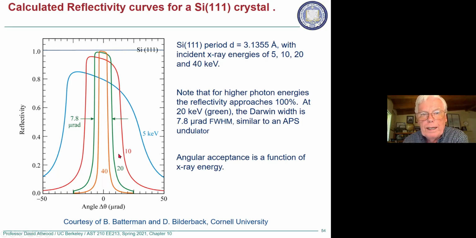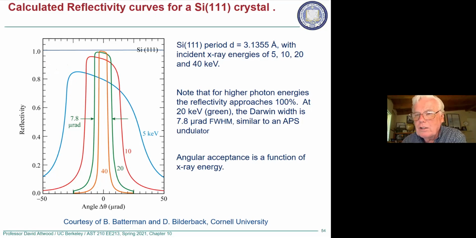But within the 10 microradians of this radiation, the red is 10 keV, and it's getting up to around 97% reflectivity. So they do marvelously well.